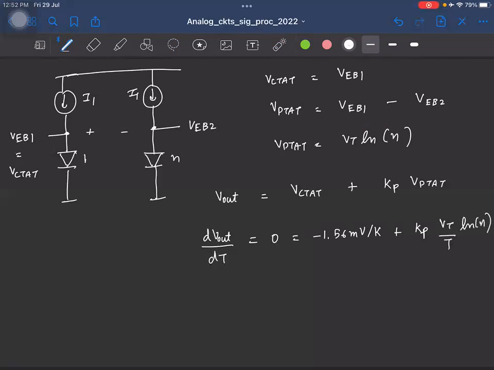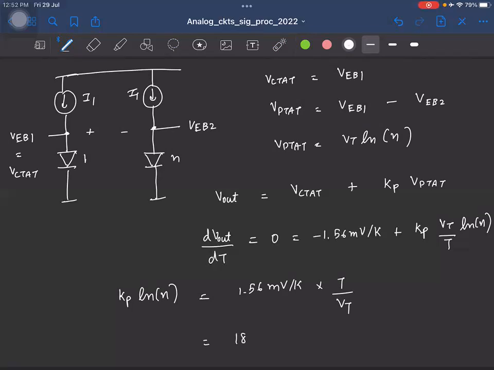Okay. So from this, we can quickly calculate what is Kp times ln n. So Kp times ln n will be 1.56 millivolt per Kelvin times temperature by Vt, right? Again, if you plug in the values, you'll get this to be 18, roughly.